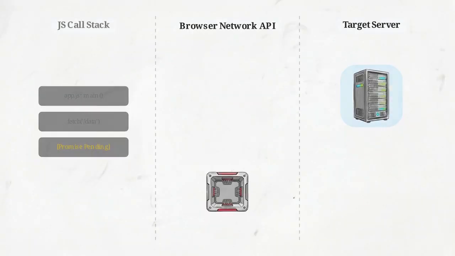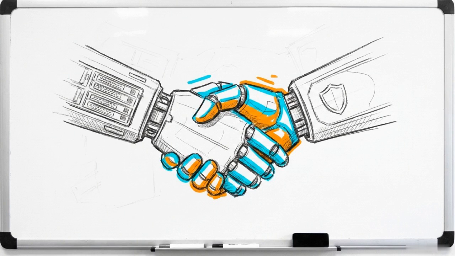A properly configured server evaluates the probe and replies with Access-Control-Allow-Methods and Access-Control-Allow-Headers. The server transmits this permission slip back across the network, handing it to the browser engine for evaluation. This pre-flight handshake acts as a mandatory zero-trust negotiation layer between your client scripts and the foreign server they want to talk to.